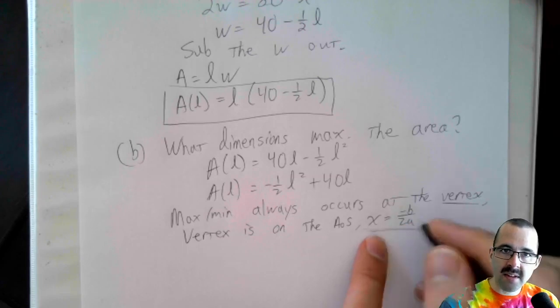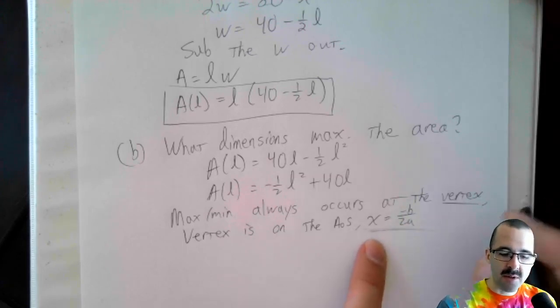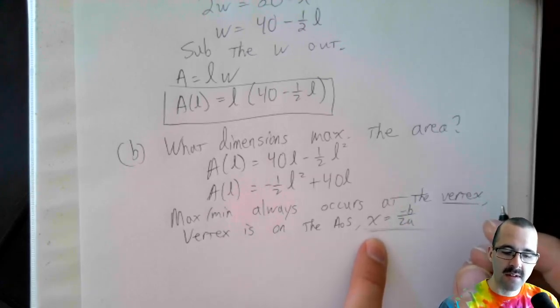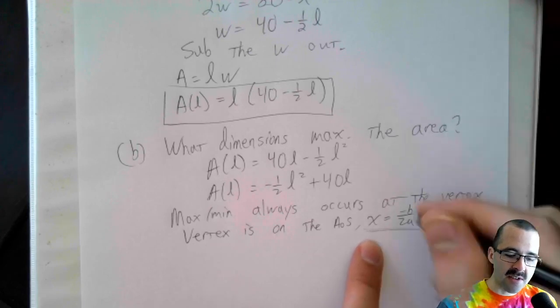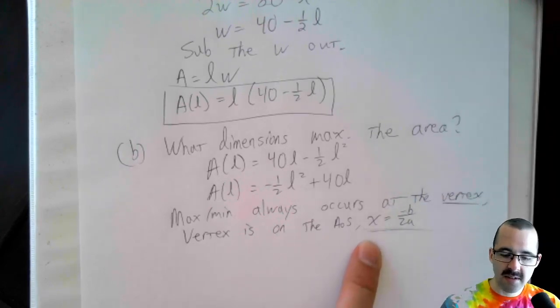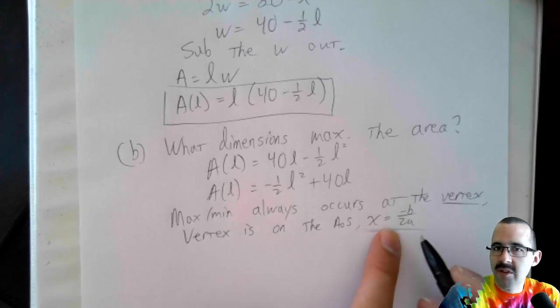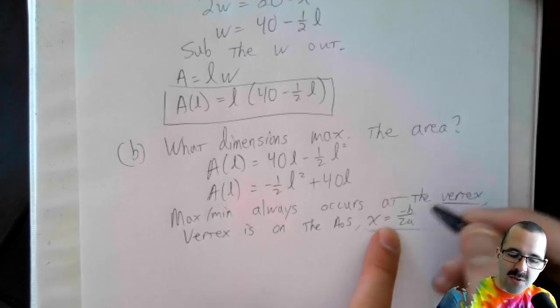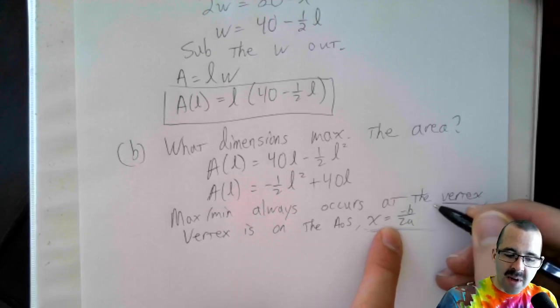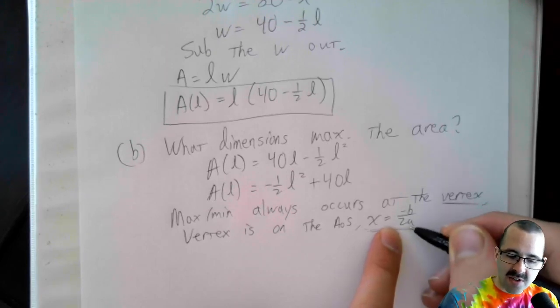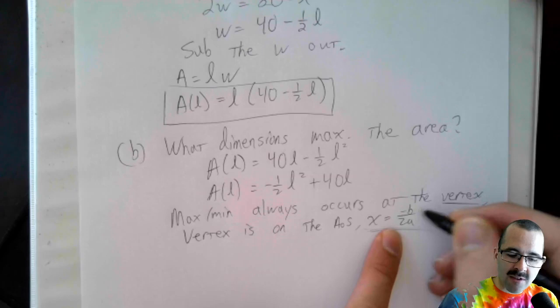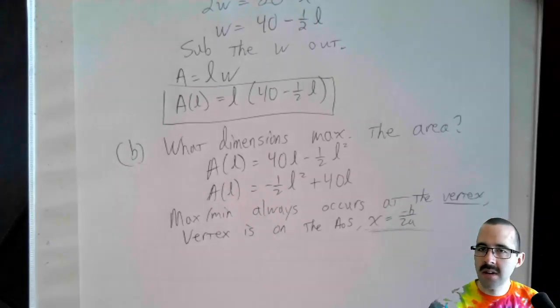This is the midpoint of the two zeros, right? And the zeros are found from the quadratic formula, right? And this is like half of the quadratic formula. Remember, the quadratic formula is negative b plus or minus the square root of blah, blah, blah, all over 2a. So it's just a quadratic formula without the square root.